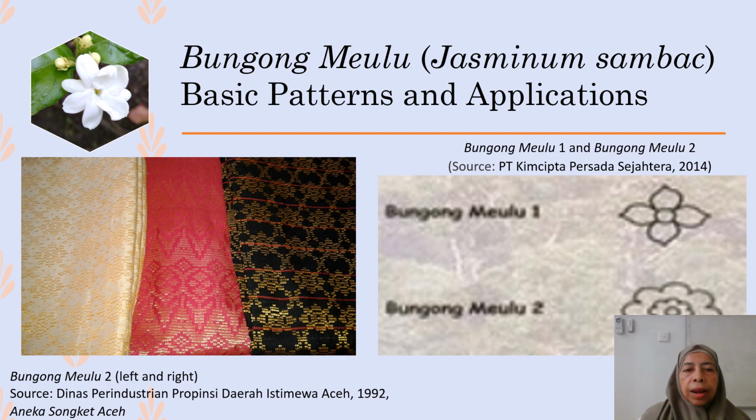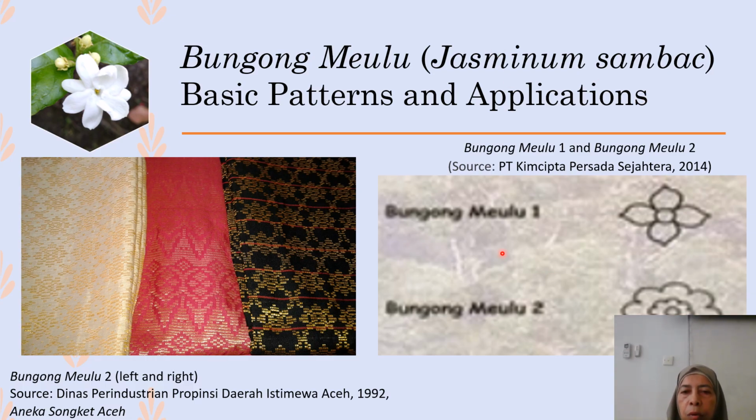The one that we will use here is the one that we call Bungong Melu in Acehnese traditional language. But the Latin name is Jasminum sambac, or the one that we know as jasmine flower. It has two types of Bungong Melu.